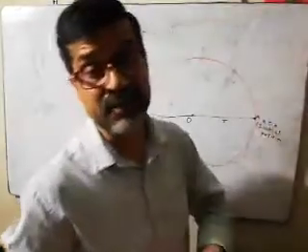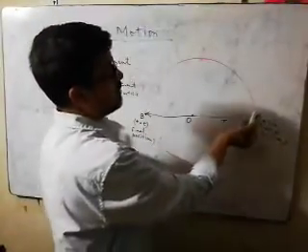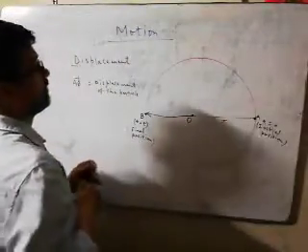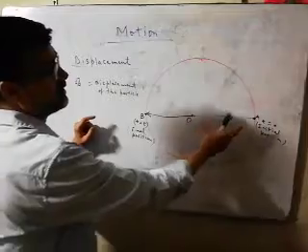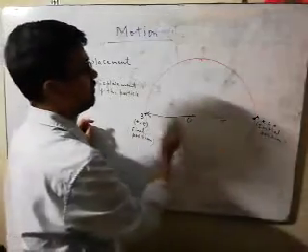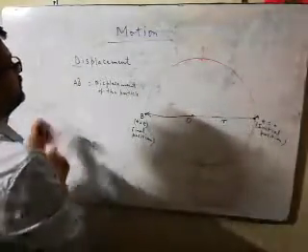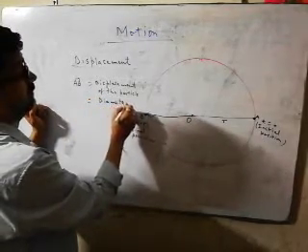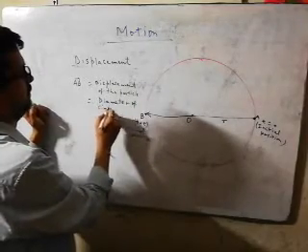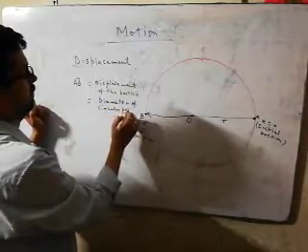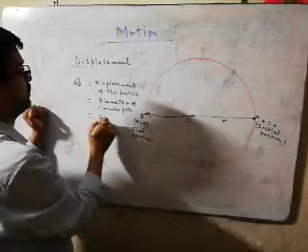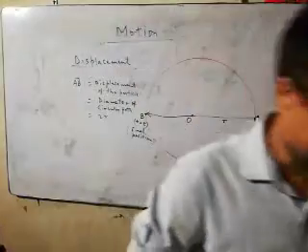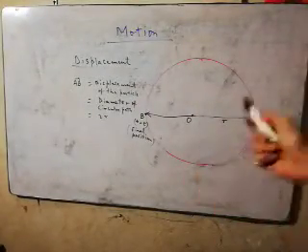But here the distance traveled, how can you find? This will be the actual path, the circumference path. So displacement is just equal to the diameter of the circular path, that is 2r.